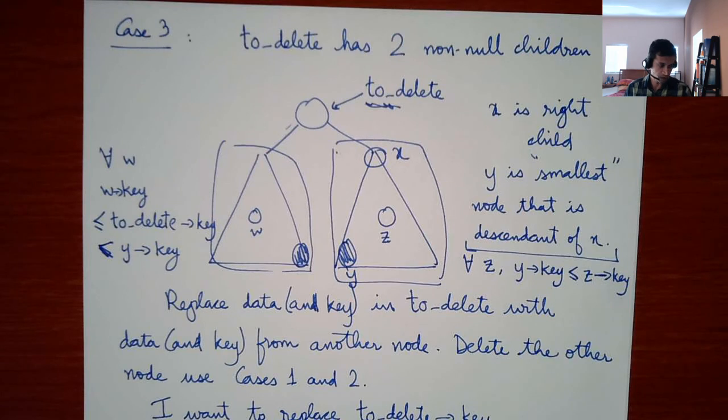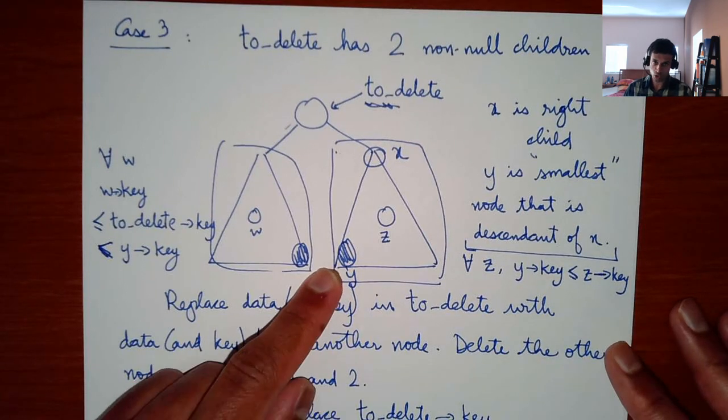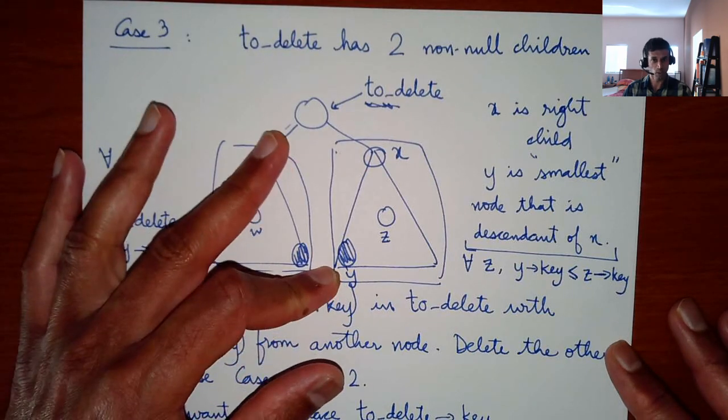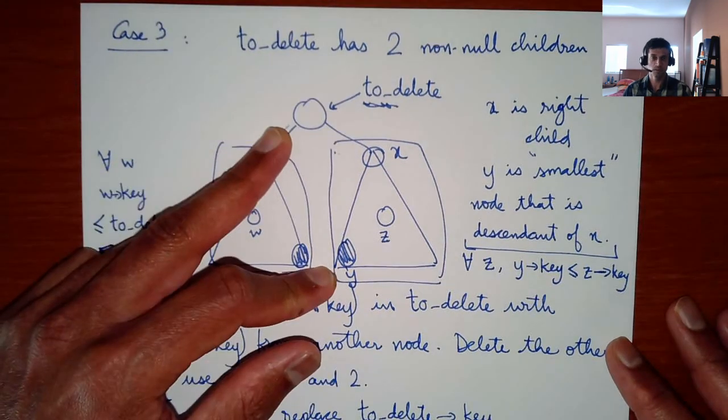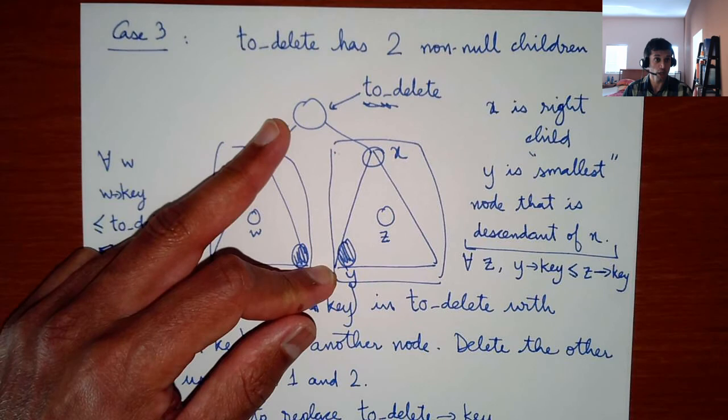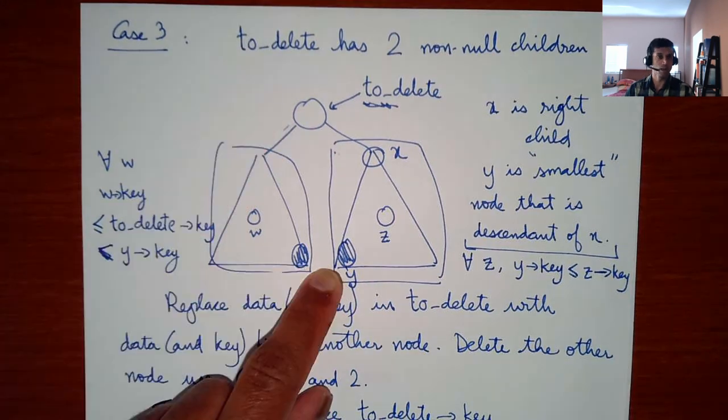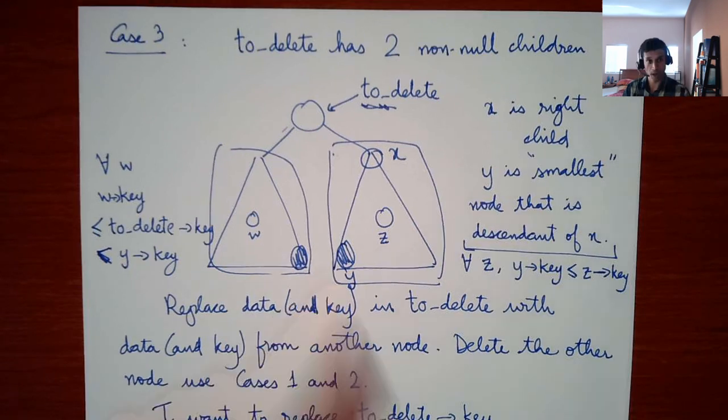And then when you hit Y, you swap the content of toDelete and Y. So you swap the content of those nodes. And then you call delete on Y. And this is going to be in case 1 or case 2 because Y does not have a left child. And that is the logic of delete.